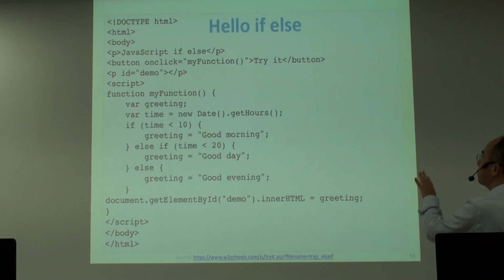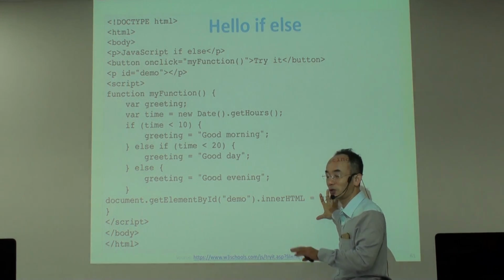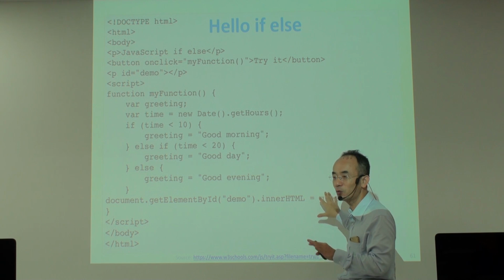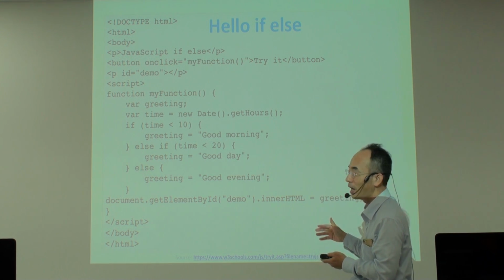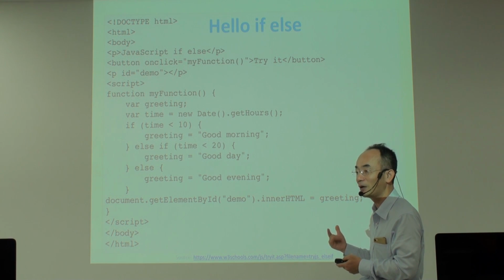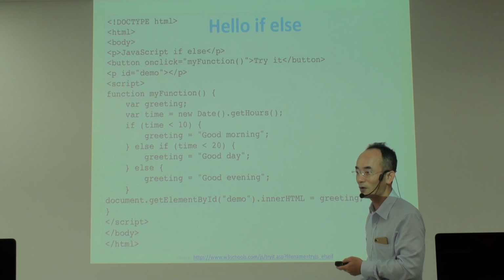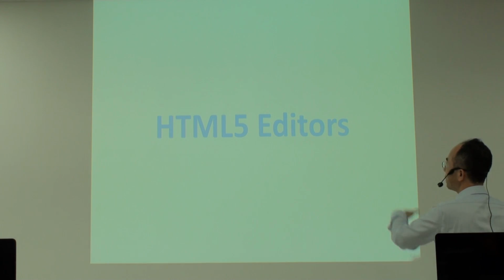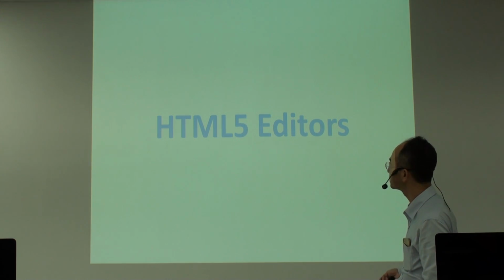So we have already introduced what is HTML, what is CSS, and what is JavaScript, and how to write your JavaScript within HTML. And let's take a look at what tools you can use to write your JavaScript or HTML or CSS. You can find some useful HTML5 editors.